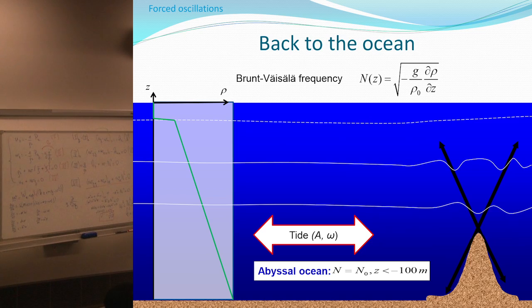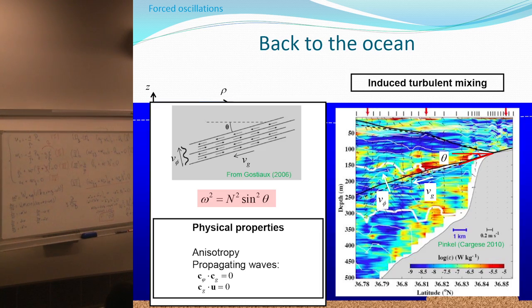So, back to the ocean here. These isopycnal lines are deformed, but they take a particular shape, which is imposed by this generation of internal wave beams. This is a bit of a summary of the different physical properties that we discussed, like the dispersion relation. And on this graph, what we show is the dissipation rate epsilon that has been measured in the ocean, which is an indication of how much mixing is happening.